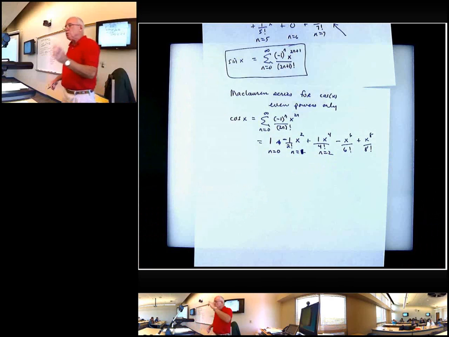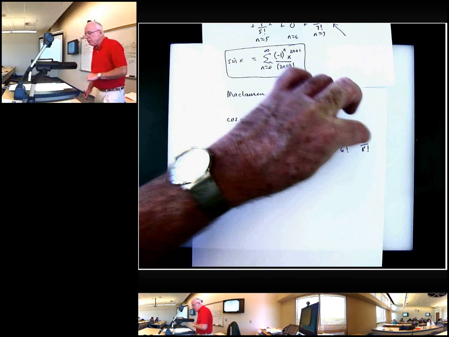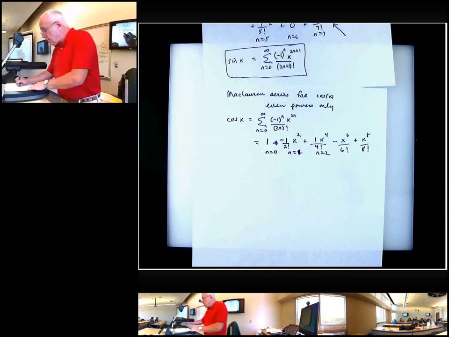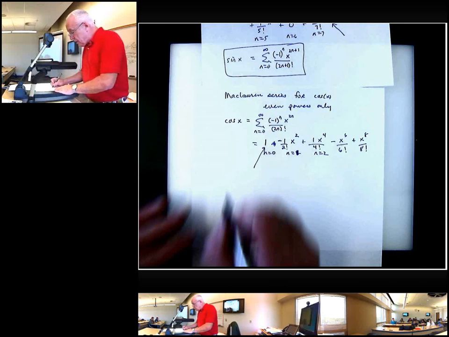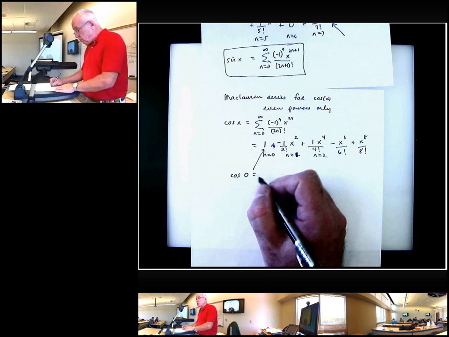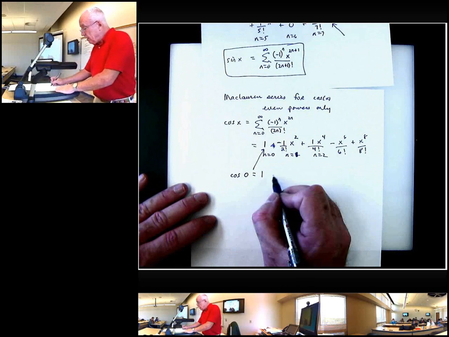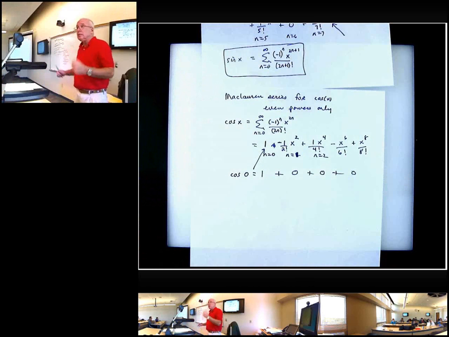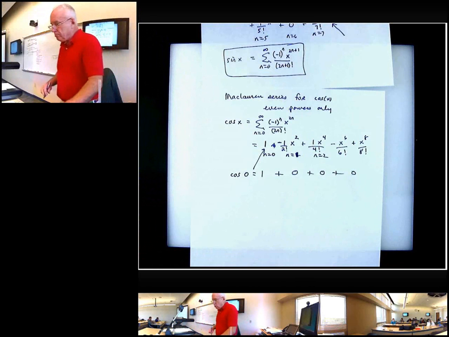So it's going to keep switching signs, plus, minus, plus, minus. We're only going to have the even powers, and it does lead off with this 1. So notice that the cosine of 0 is equal to 1, and here we have it, it's 1 plus a whole bunch of zeros. So it remains consistent.